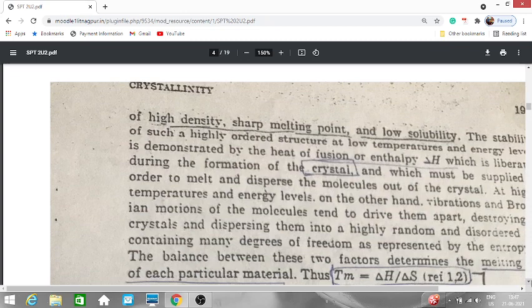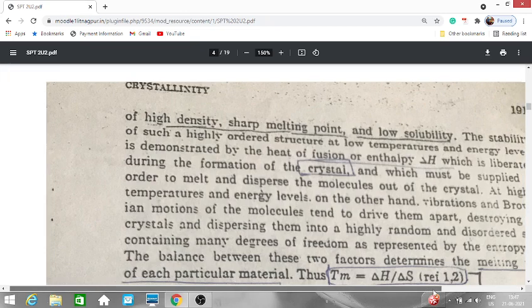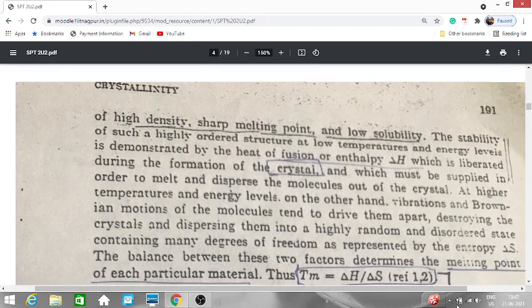The stability of such an ordered structure at low temperature and energy level is demonstrated by the heat of fusion or enthalpy ΔH, which is liberated during the formation of the crystal, and which must be supplied in order to melt and disperse the molecules out of the crystal.